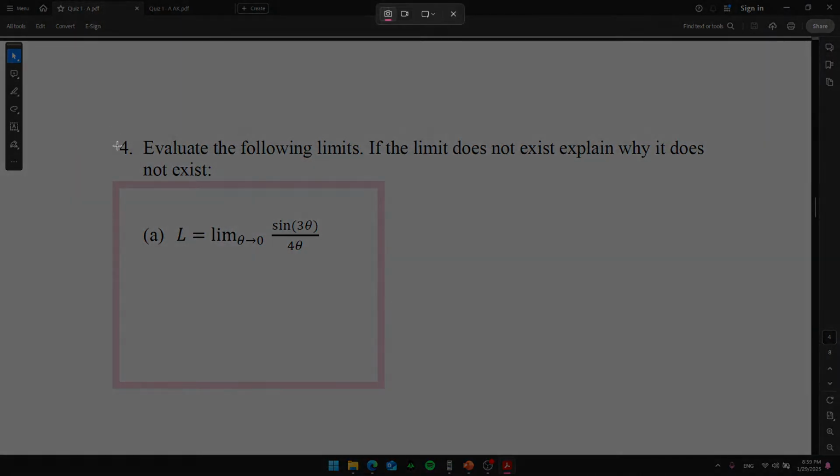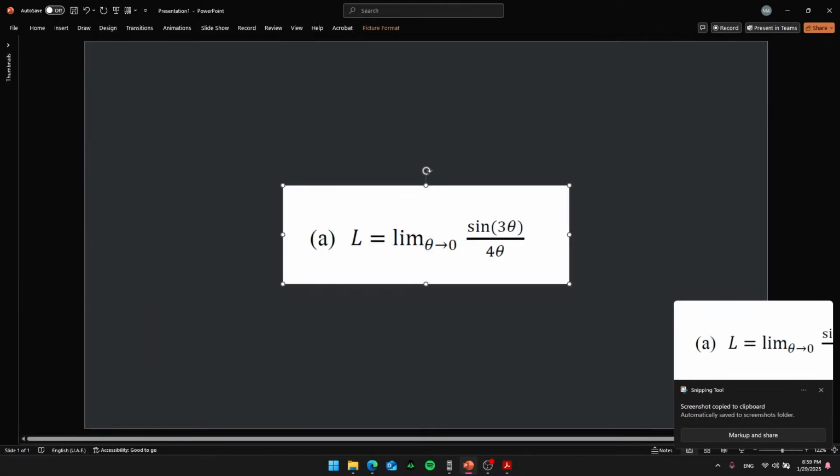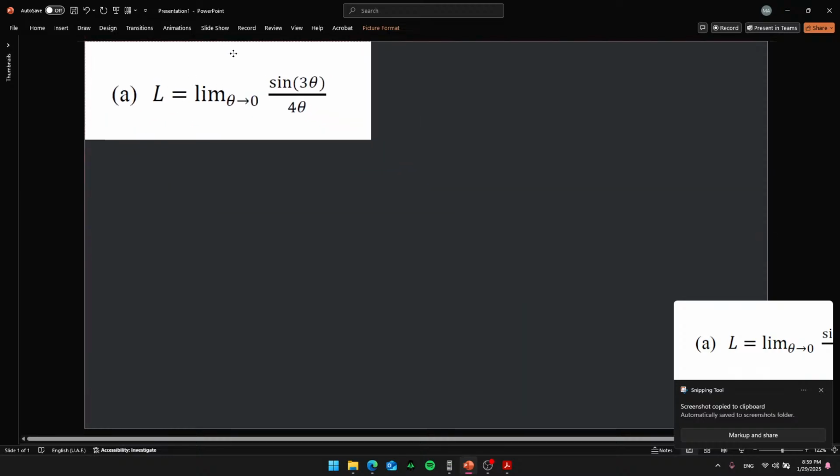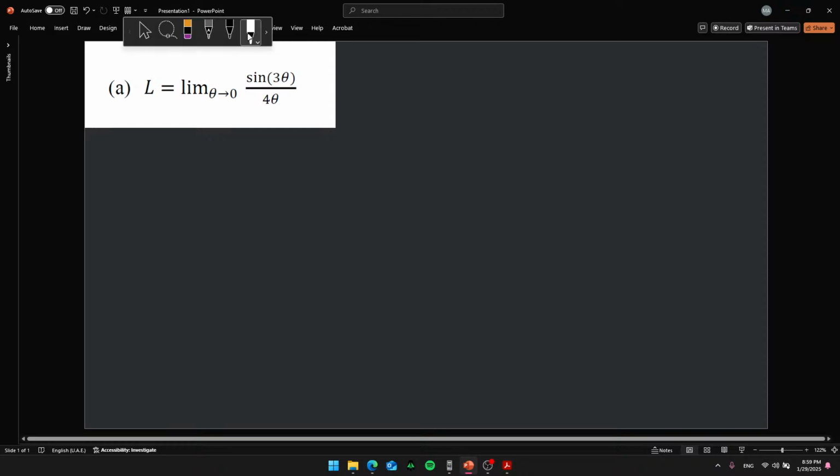Evaluate. This one though, you can solve it directly, but I think in the midterms or the finals, they don't accept the way students do. They say 3 over 4 and that's it. They don't make a whole question for the student to say 3 over 4 and that's it. You have to justify your answer.